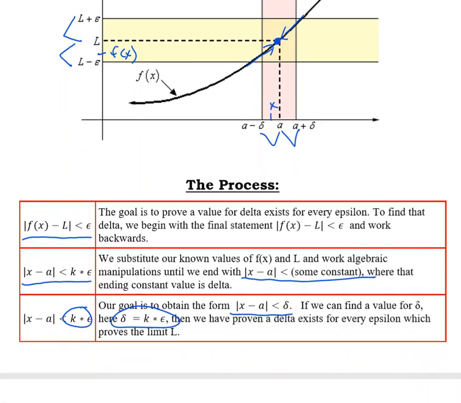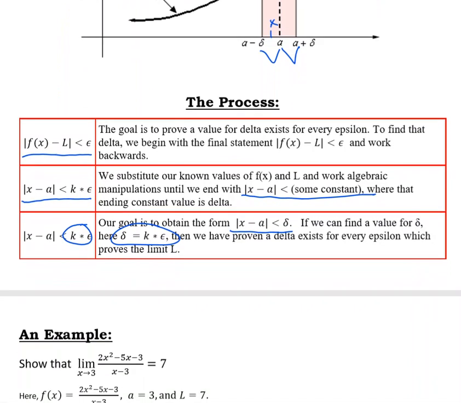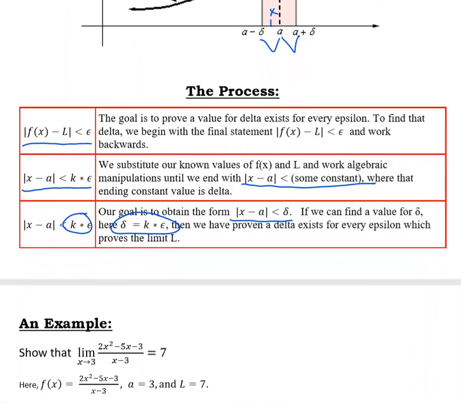So we're going to take a look at an example here. So what we want to show is that the limit as x approaches 3 of this rational function is 7. Okay, so here our function is that rational function, 2x squared minus 5x minus 3 over x minus 3. Our value of a at which we're taking the limit is 3, and our supposed limit value is 7.